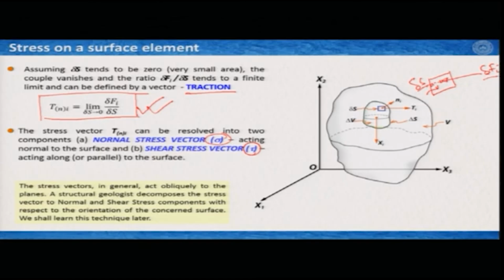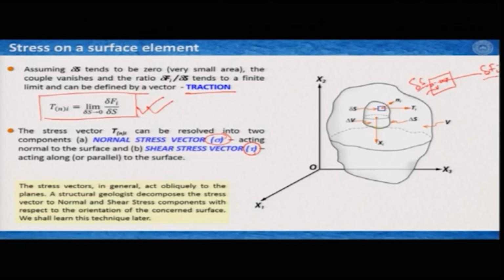Now, in most of the geological cases, the stress vectors in general act obliquely to the planes. So, a structural geologist has to decompose these stresses. I repeat again, a structural geologist therefore has to decompose the stress vector to normal and shear stress components with respect to the orientation of the concerned surface.